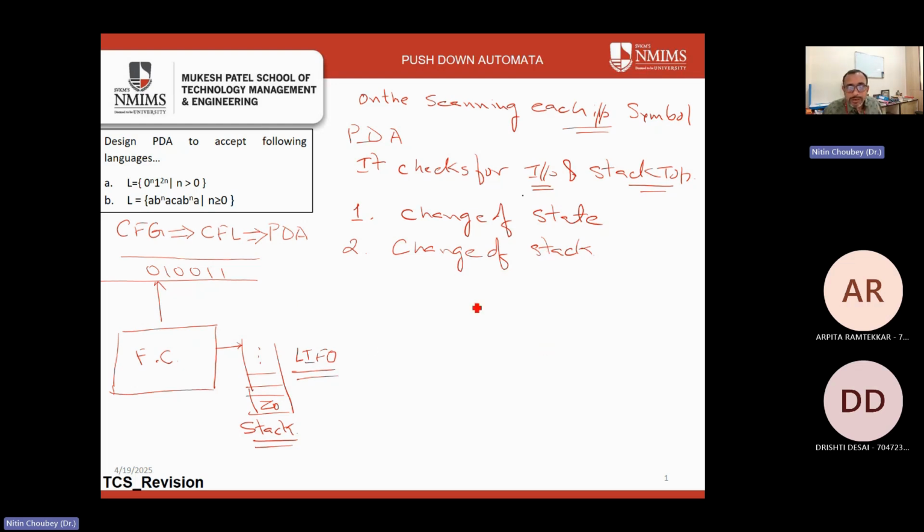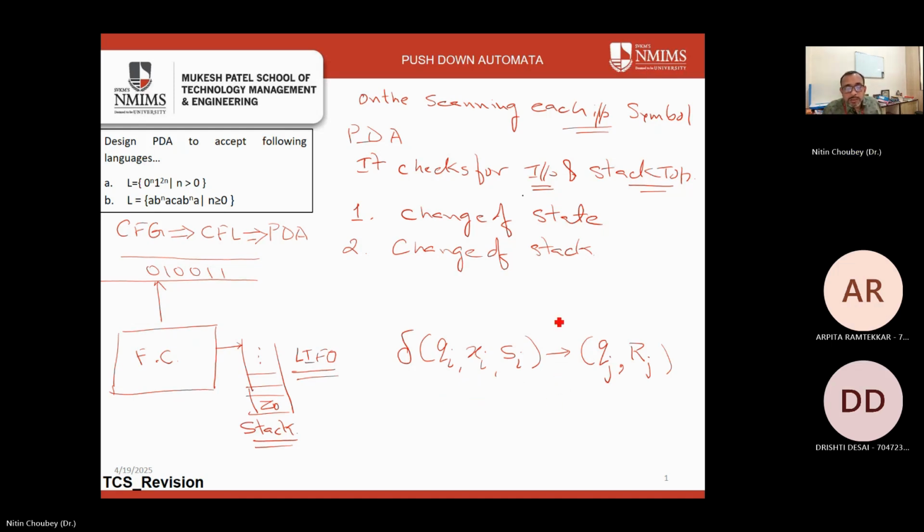So basically, when we try to represent a transition for the working of push-down automata, it can be written like this: delta of Qi on the input of Xi when the stack top is Si. It changes the state, say from Qi to Qj, and it performs some operation on the stack. That means Si is replaced with Sj here, right? Where i we are referring to as the current state and j we are referring to as the next state.